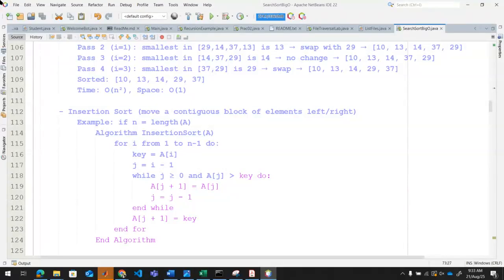Again, we have a for and a while. The while loop only terminates when j is less than 0, right? So in here, what we're doing is that we're replacing the value of i. We would have as well written a of i, but we said a of j plus 1, so that the position moves one position ahead, which is where i is. So whatever was in the previous one, put it here.